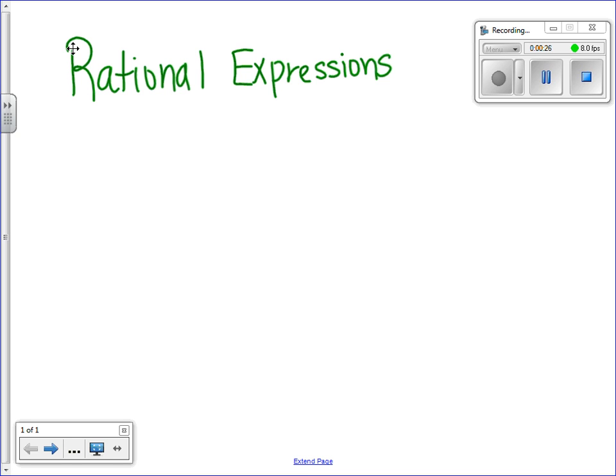Alright, a rational expression is a fraction where the numerator and/or the denominator are expressions. Okay?